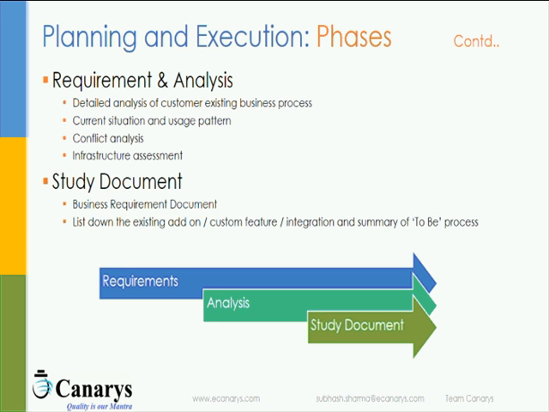As you can see here, I have mentioned a couple of points in the requirement analysis phase. Some of the major points are a detailed analysis of the customer's existing business process, current situation and user pattern, conflict analysis, and infrastructure assessment. Conflict analysis is an important exercise which you do at this stage.